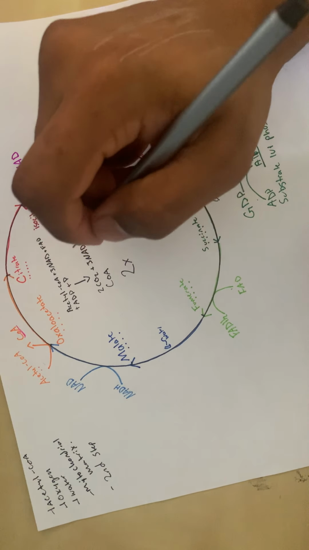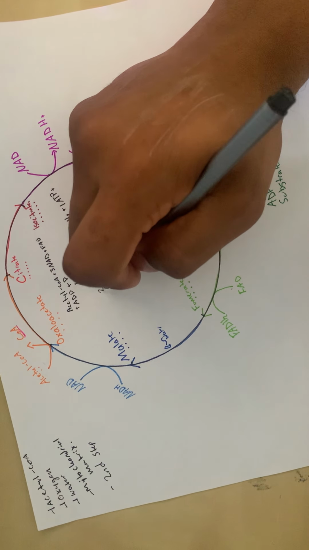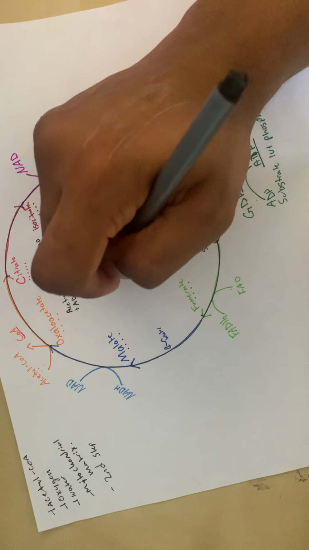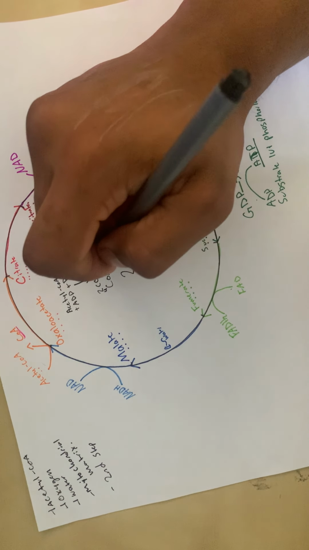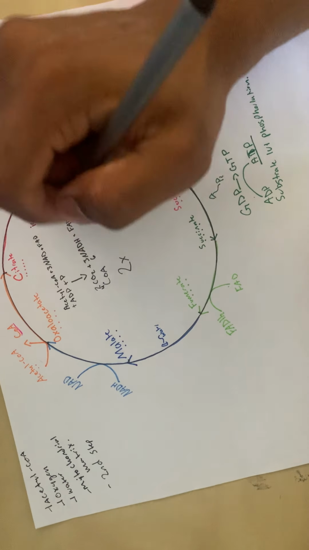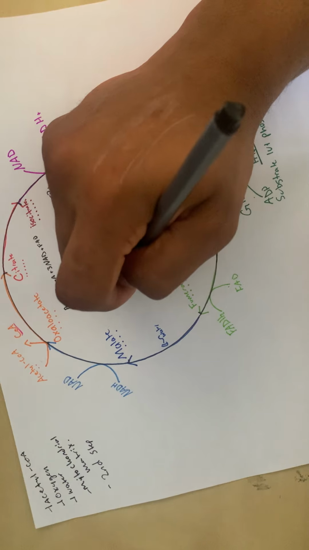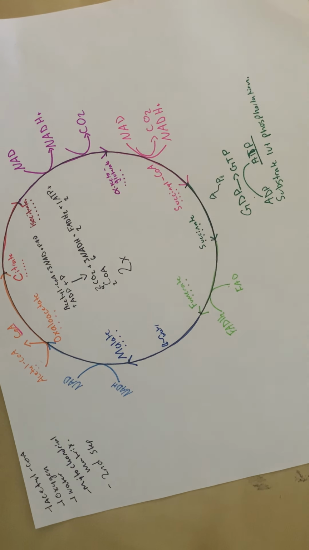So our total yield is going to be 4 carbon dioxides, 6, 2, 2, and 2. Those are the adjusted numbers for when it goes around twice.